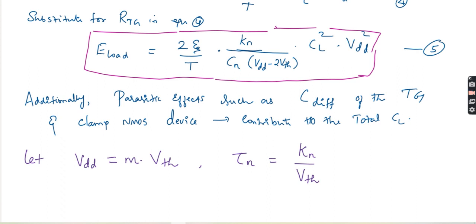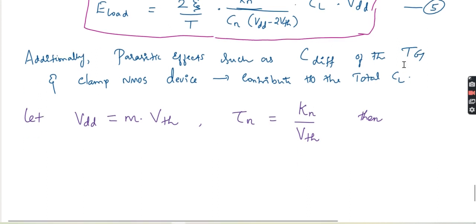Two considerations we are making: VDD is equal to m into VTH, and tau n, which is nothing but a time constant, is equal to Kn by VTH. Then the above expression, or the T load expression, we have to substitute, or rewrite, the expression.